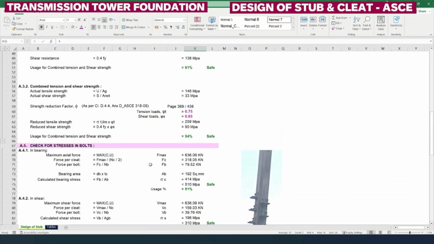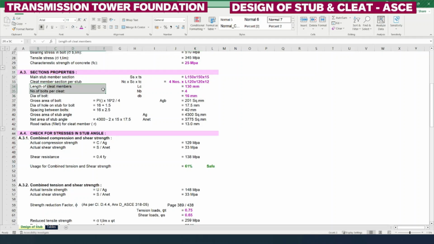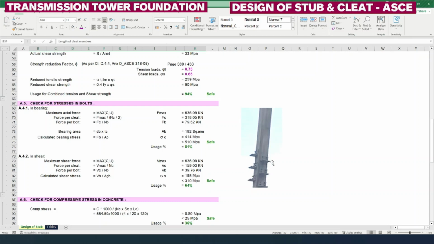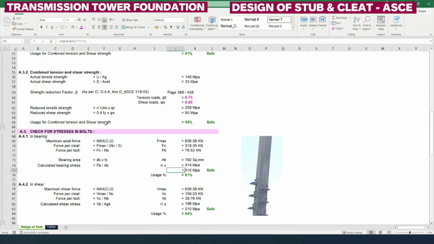The length LC, which we considered as 130 mm, is the length of every cleat in this direction, which is the viewer side, and in the cross-sectional side there are 3 cleats. The other side we need to check. So the length, the bolt and even the cleat size are safe so far as we have checked.